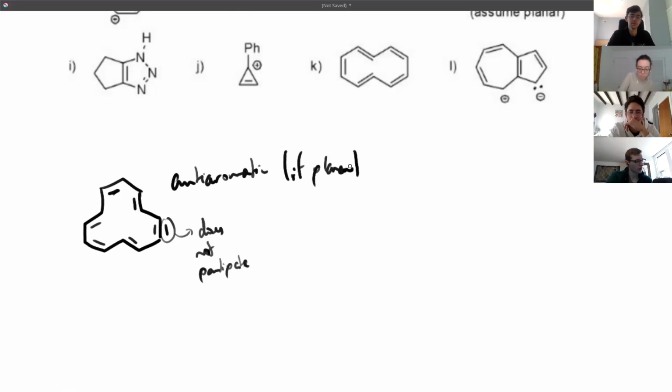Let's see what this book says, because I pulled this problem on the spot, so I don't actually know what they say. Technically, couldn't we build this with a molecular modeling kit? And if we can flatten it out, it'll be fine. It's the other way around.